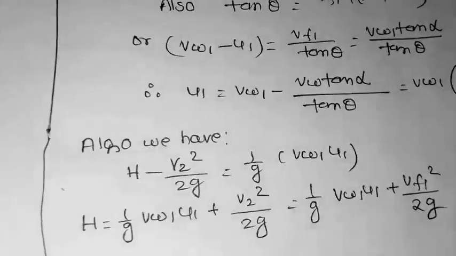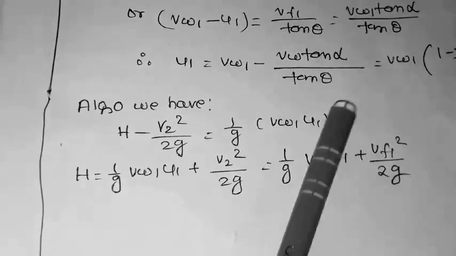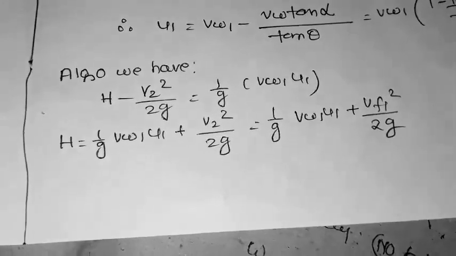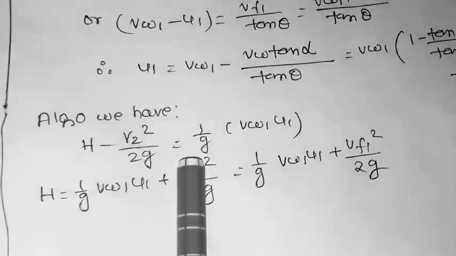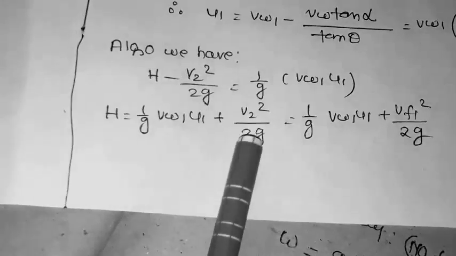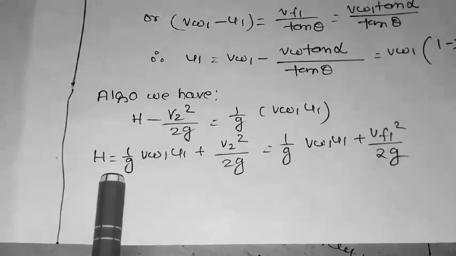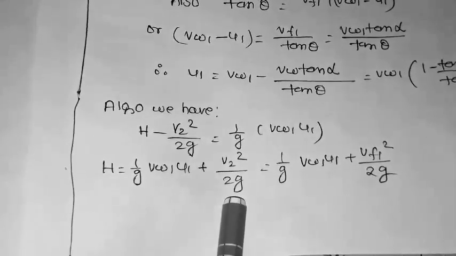Now further we know that H minus V2 square upon 2g is equal to 1 by g into Vw1 u1. Now from this relation we can write another expression for net head. The net head capital H is equal to 1 by g Vw1 u1 plus V2 square upon 2g.